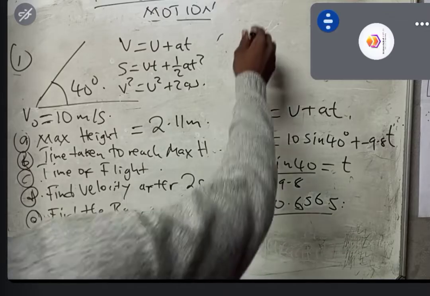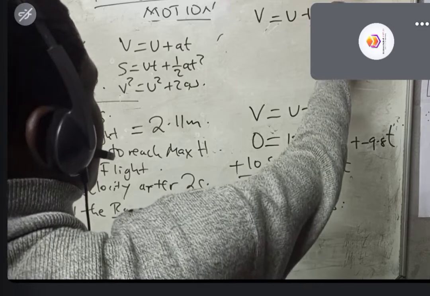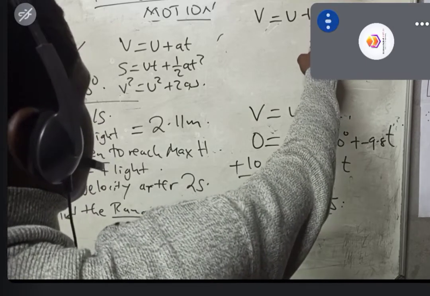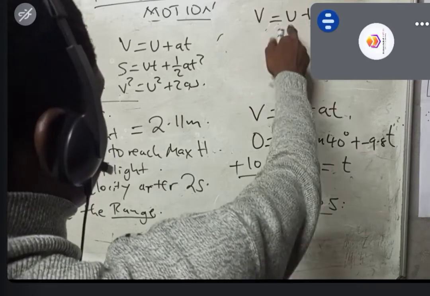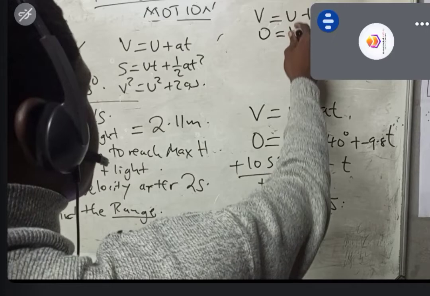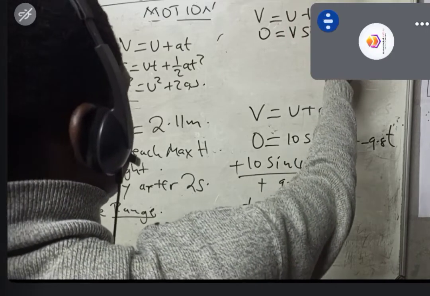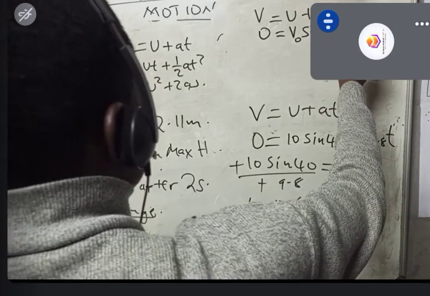So the other formula that you're going to use is V is equal to U plus at, right? You want to make time the subject. Leave it that side. Let this one come the other side. Final is going to be 0. Initial is V naught sine theta. Your acceleration is gravity and it's negative when going up.